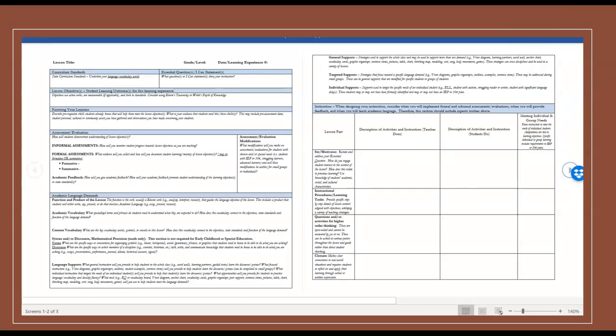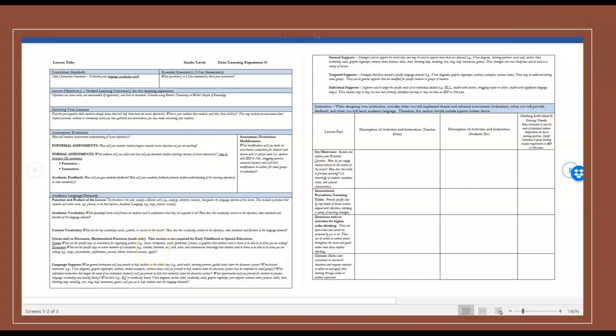So, when you are looking at your lesson plan template, you'll want to go through and complete all of the things that are necessary. When you're finished, after you have completed your lesson plan, then I would go through and remove all of these italics, because the italics do not help.